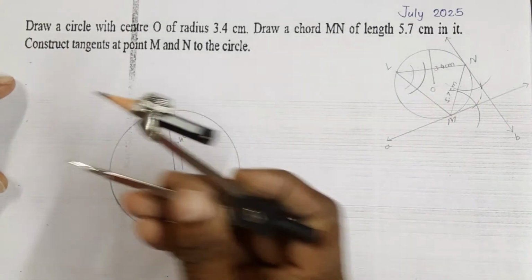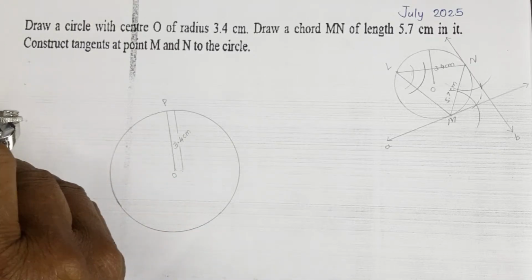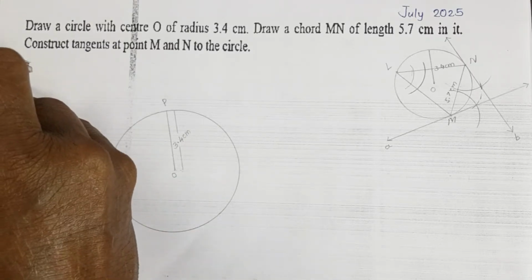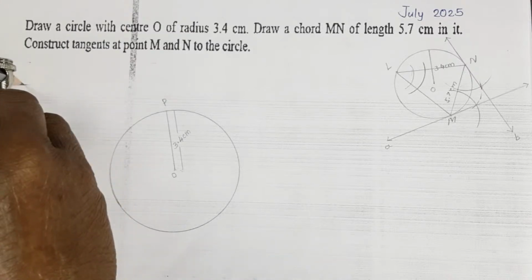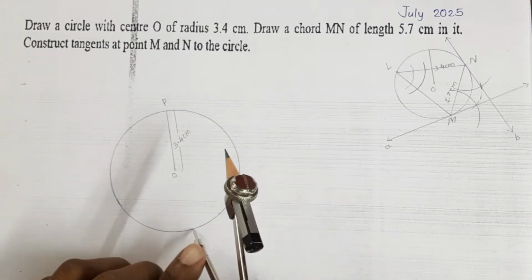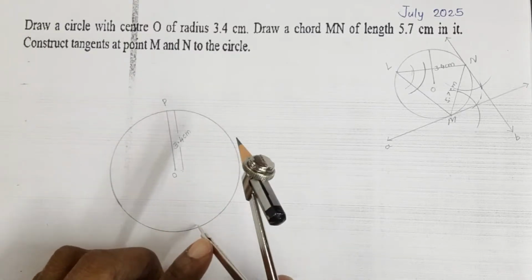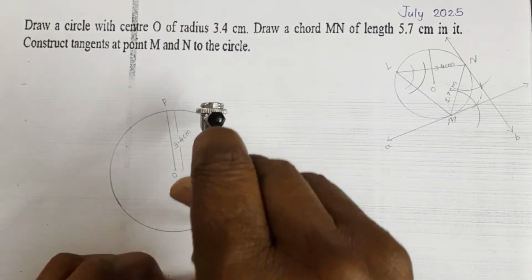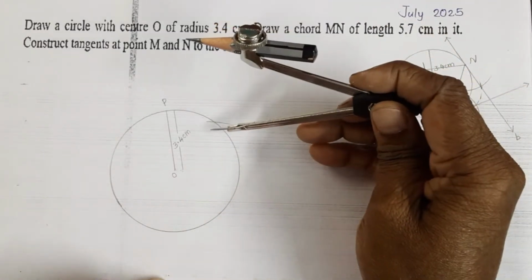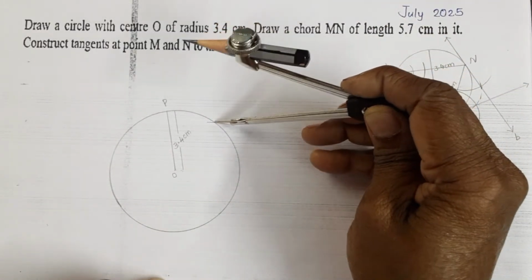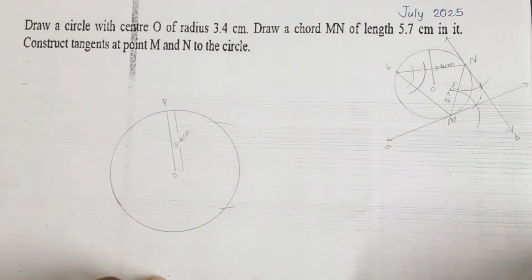So take this distance in the compass, okay, take this distance in the compass. So this is the 5.7. So here I draw this way, make the arc here, okay. So now here as well as place here and make the arc.